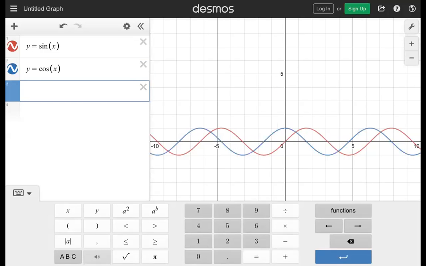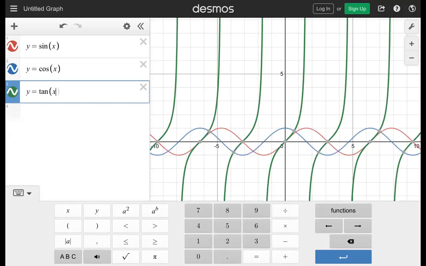And if we look at y equals tangent x, you see those same things. The graph in blue is cosine. So wherever cosine is 0, we have an asymptote, right? I'm using the same color, but oh well, there we go.